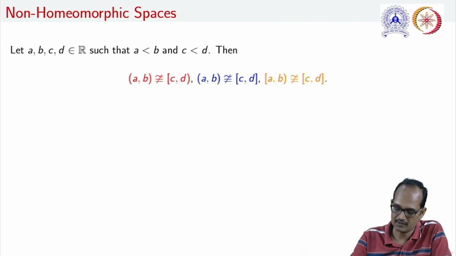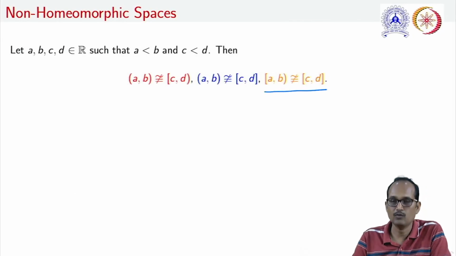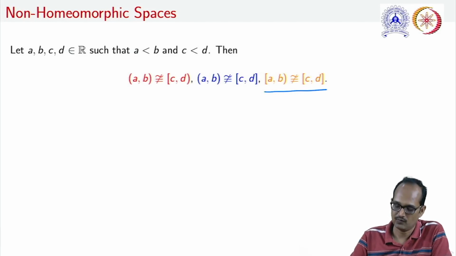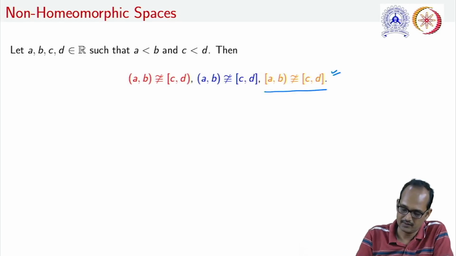Finally, let us take this example, that this semi-open interval [a, b) is not homeomorphic to the closed interval [c, d]. Begin with, if possible, let us assume it, that is, this semi-open interval [a, b) is homeomorphic to this closed interval [c, d].